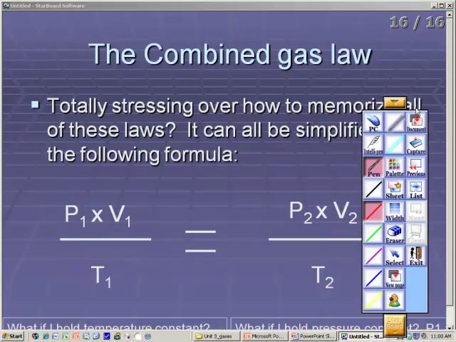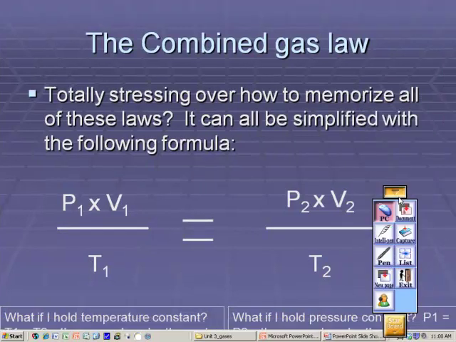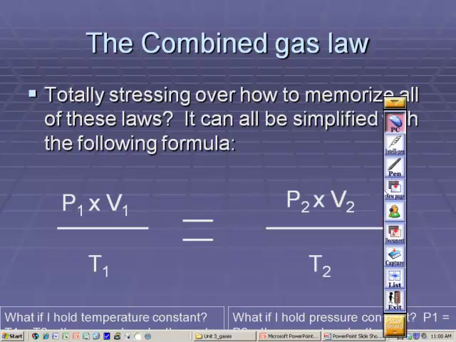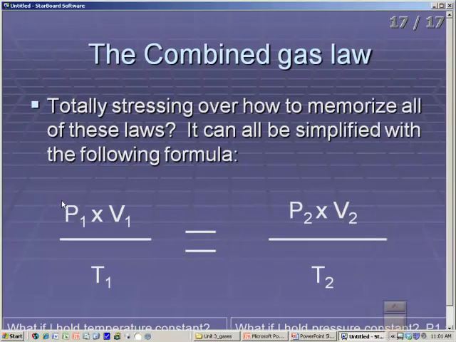Next question. What if I hold pressure constant, where P1 is equal to P2? So let's now look and analyze if pressure is equal to one another. Get rid of pressure on both sides. Whose law is V1 over T1 is equal to V2 over T2?